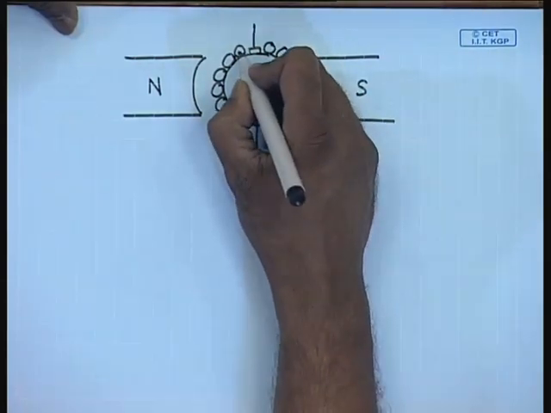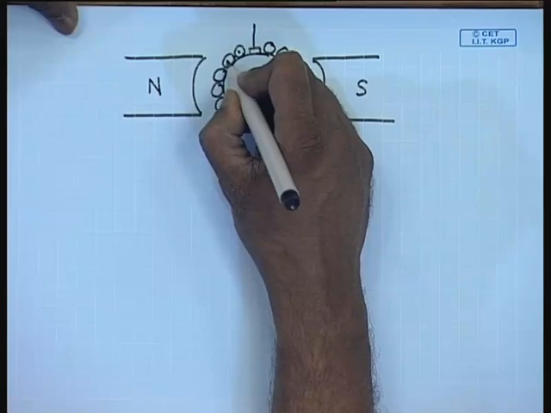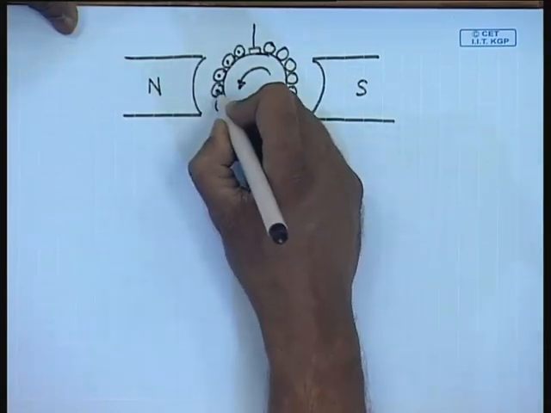The polarity of the currents will be in such a direction which will oppose the rotation.